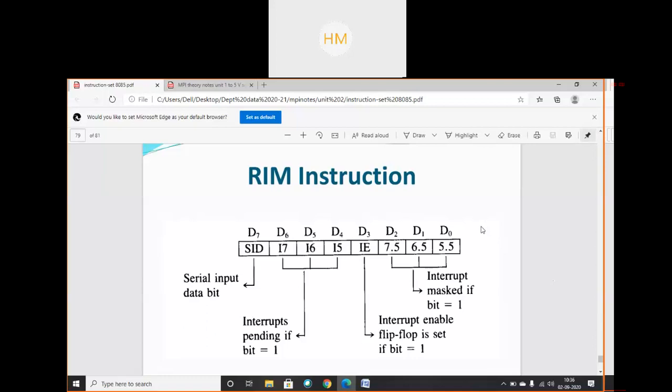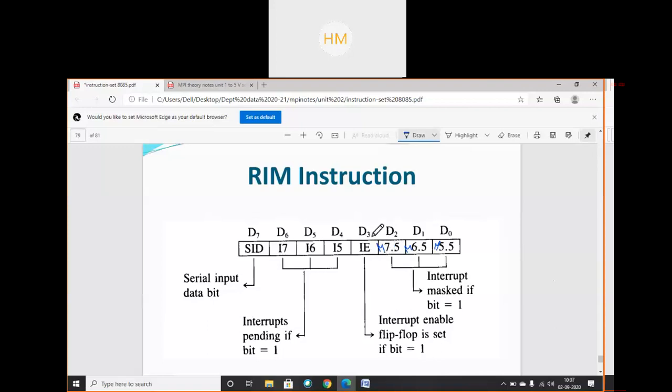So now draw this structure, D0 to D7 bits. What you have to write? D0 bit is the mask M 5.5. You can write your M also. M 5.5, M 6.5, M 7.5.